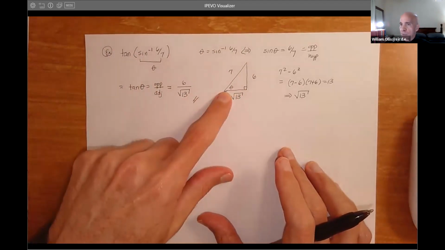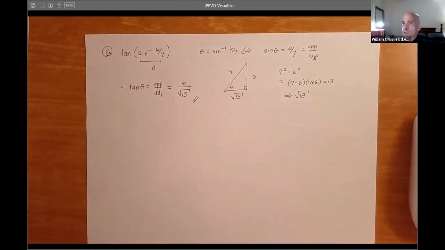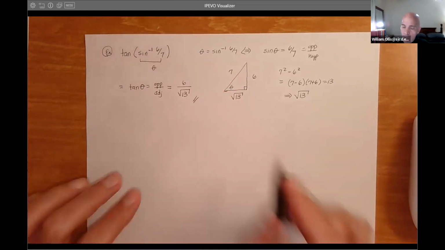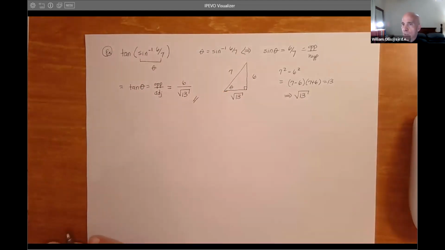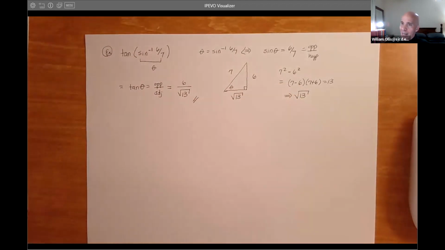Now, of course, you don't have to call this theta. You can call it alpha, anything you like. But the inverse trig functions mesh very well with the right triangle approach. We could have done this with the Pythagorean identities, but it would have been a little more difficult. Whereas it's nice to do it this way so you can have that easy luxury of ratios of sides of right triangles.